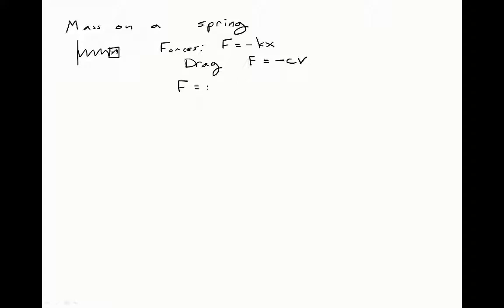So we're going to use F equals ma. So we're going to sum up our forces and set that equal to ma. Well, one thing we know is that v is the first derivative of position with respect to time, and we know that acceleration is the second derivative of position with respect to time.